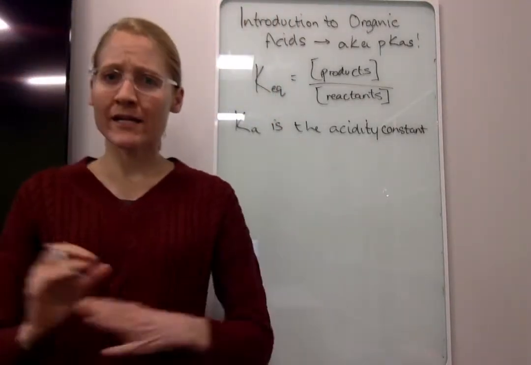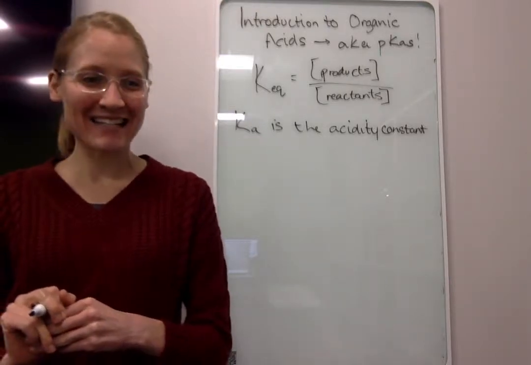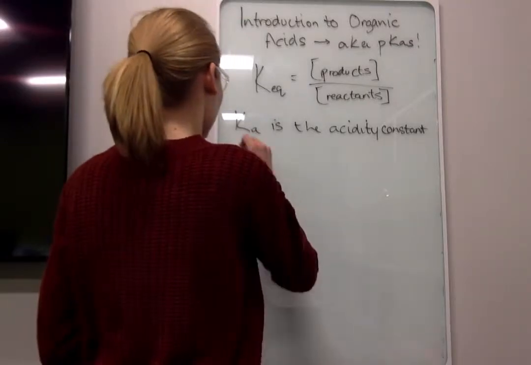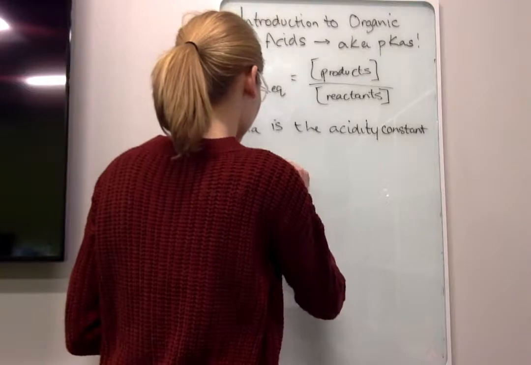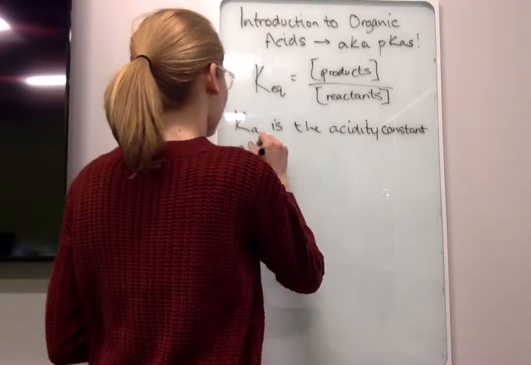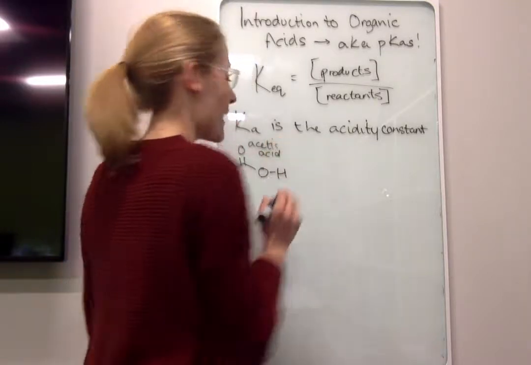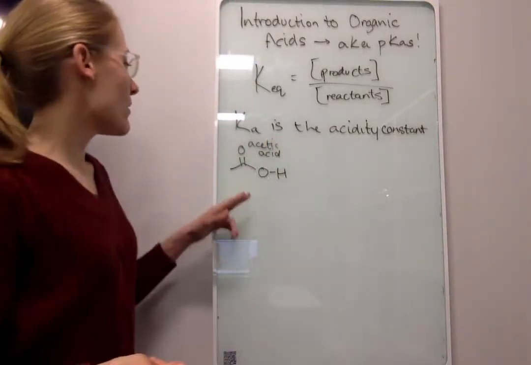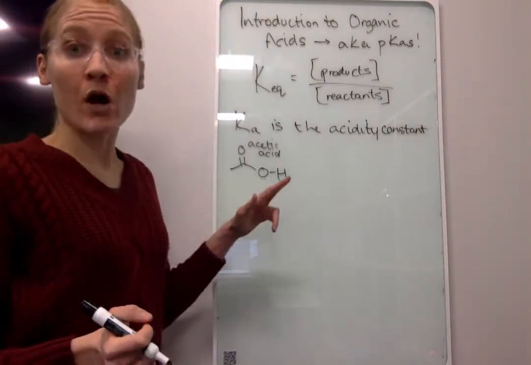So let's consider perhaps the most common or prototypical organic acid, acetic acid. So acetic acid looks like this. And we can write an equilibrium expression of how likely it is to lose that proton in water.